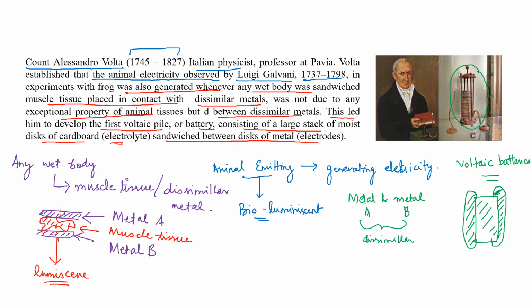Our tissue has so many ionic compositions. Ions keep on moving here and there. If you read about muscle tissue, you will find that it has lots of ions in it, like potassium and sodium ions, which help in the excitation and relaxation of our muscles.